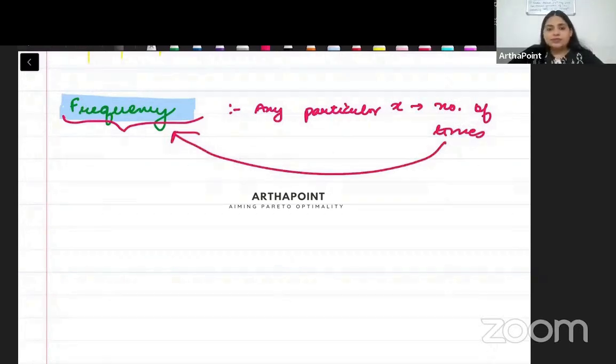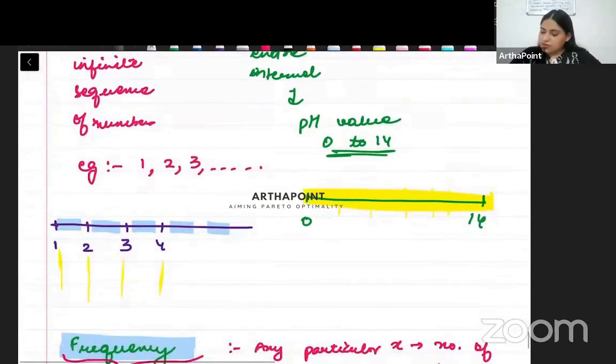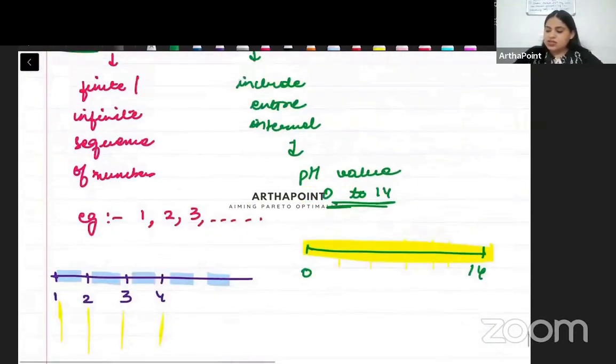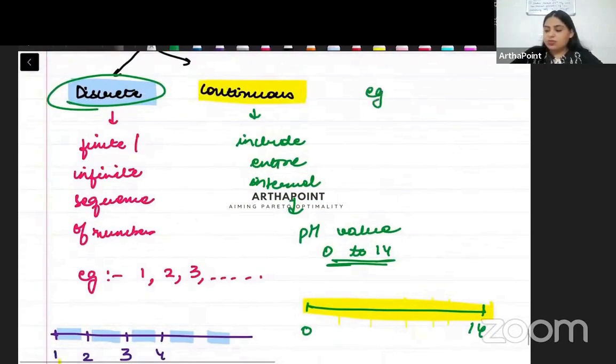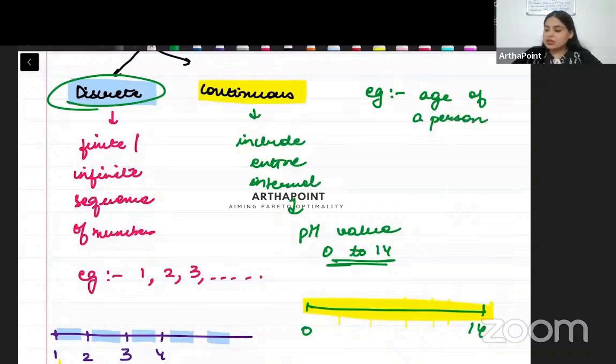But can you write these examples of quantitative variables? You can just give some examples here. Age of a person, that is discrete.